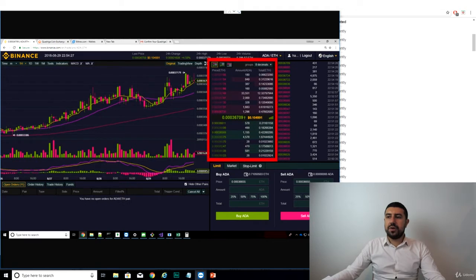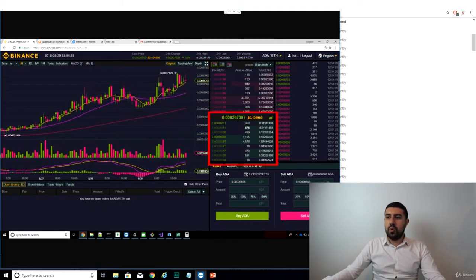So this order book here has people who want to buy Cardano and people who want to sell it. The people who want to buy it want to use Ethereum to buy it, and the people who want to sell it want to receive Ethereum. So if I want to buy Cardano, I can send an order here. Now let's say I want to buy it if it falls to this price.